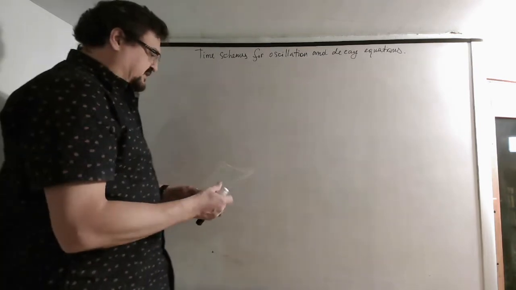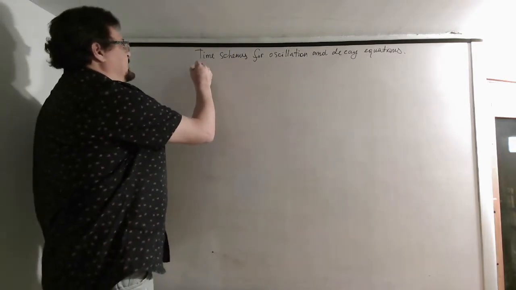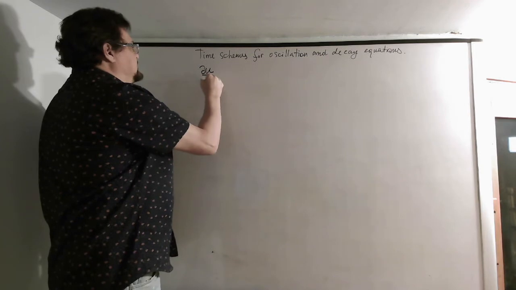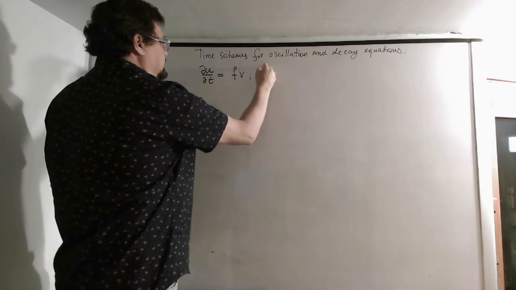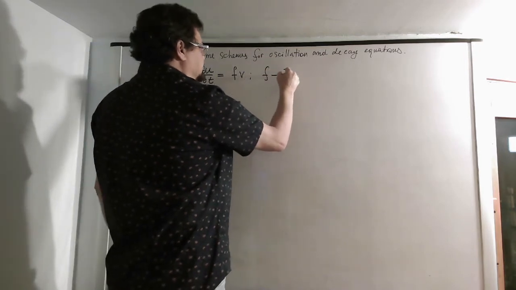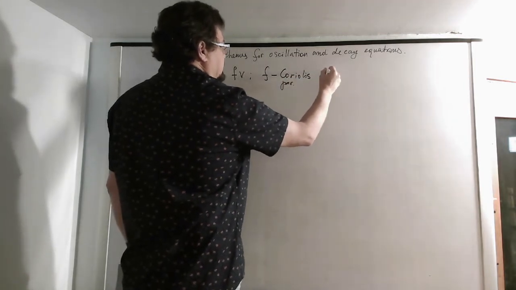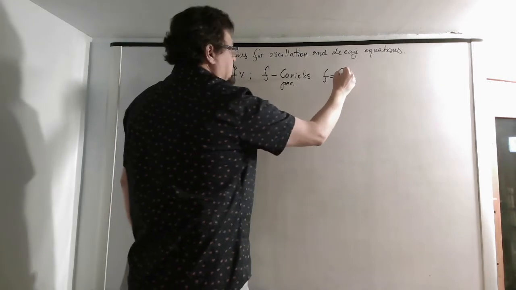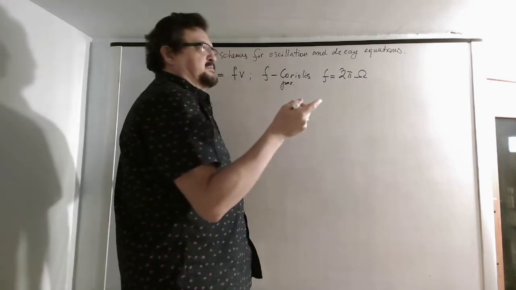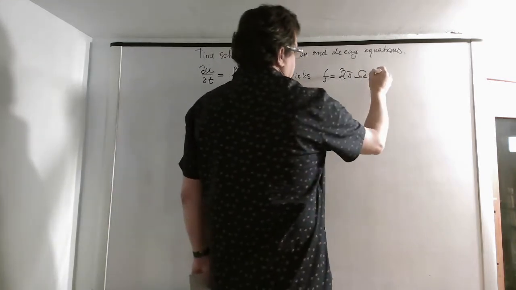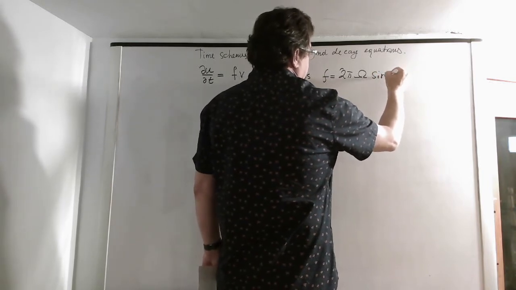And for inertial oscillations, let's consider two equations for the horizontal velocity components. The first one, du/dt equals fv, where f is the Coriolis parameter, and you know what it's equal to: 2 pi, the angular frequency, so it's 2 pi divided by a period of 1 day in seconds, times sine of latitude.